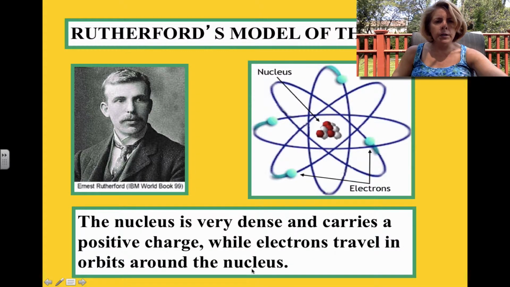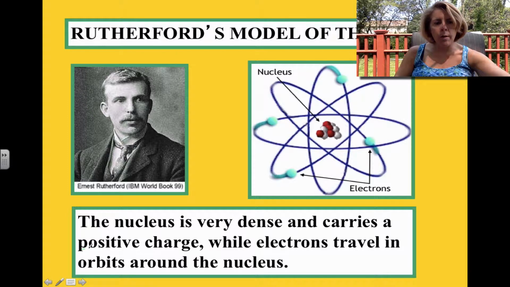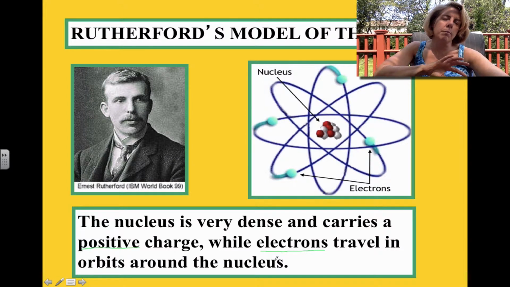Rutherford determined that the nucleus was very dense, and that it had to have an overall positive charge because the alpha particles are positively charged, and two charges that are like each other repel, and that's where he got the deflection. And because of JJ, they knew that there were electrons, so they concluded with his experiment the electrons had to be outside of the nucleus. And that's where they got the idea of having these orbits that you see above.